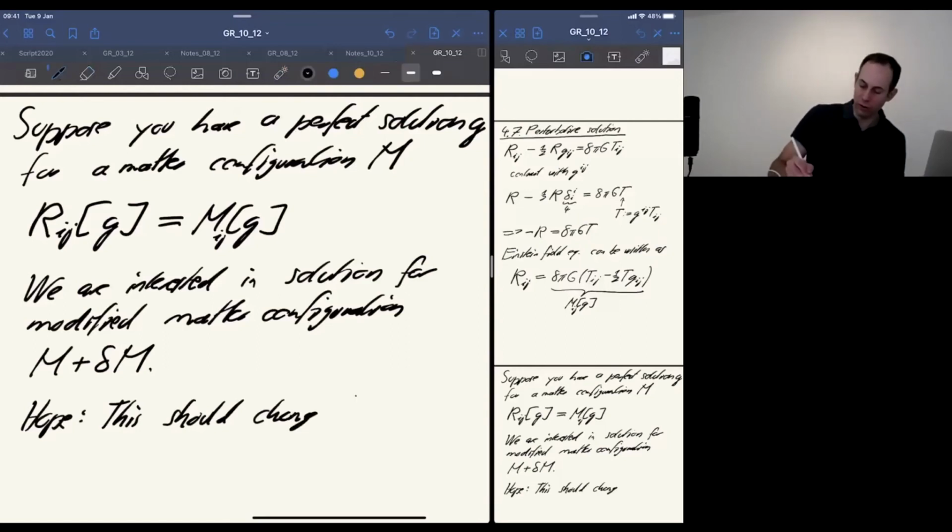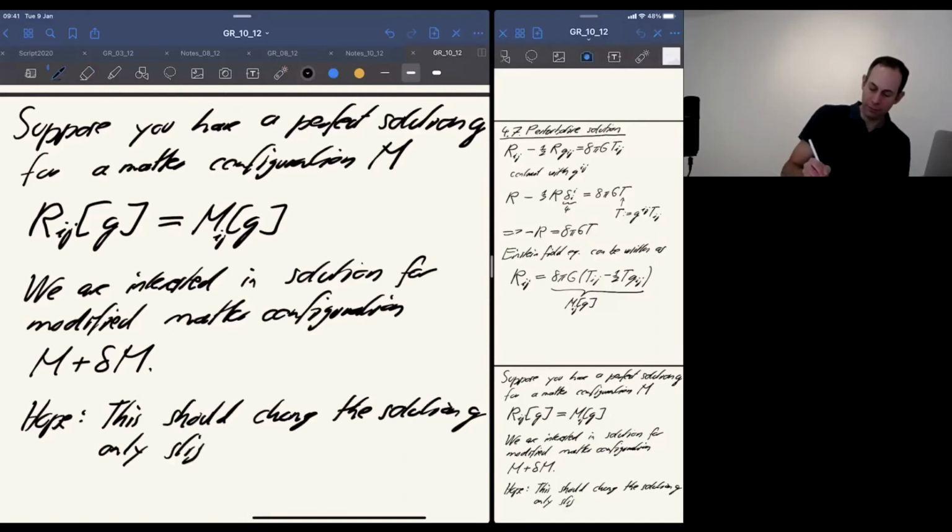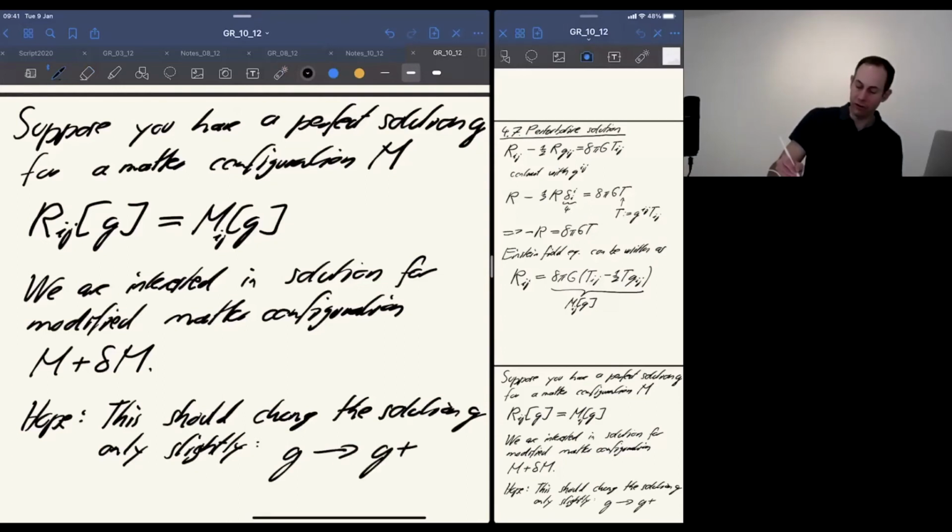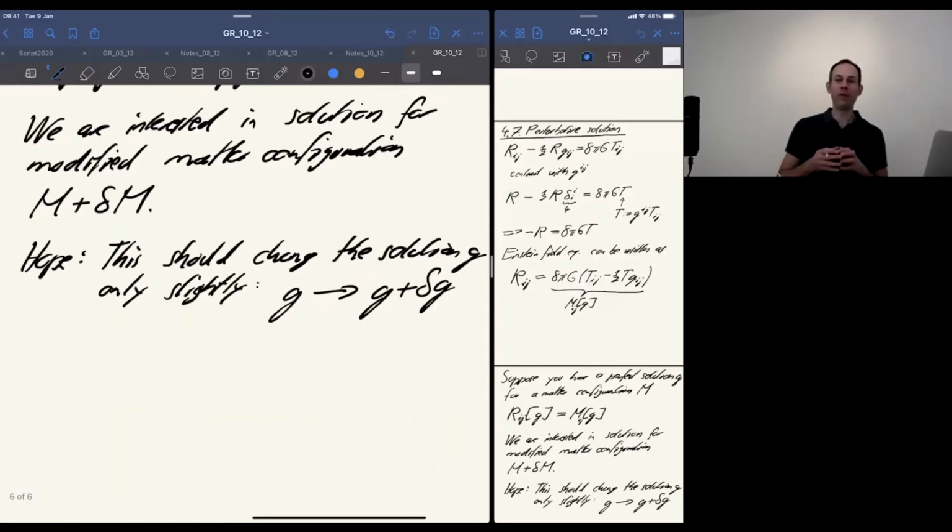G is the solution. I indicate that by saying, okay, we originally have G, and now with this new mass, we have something like G plus delta G. I say hope because a priori we don't know whether it works, and it's a matter of proving theorems in GR, and that's actually what researchers do, to find conditions under which we can do this.